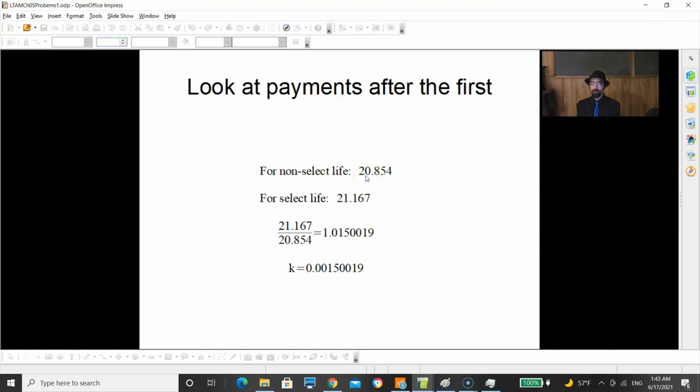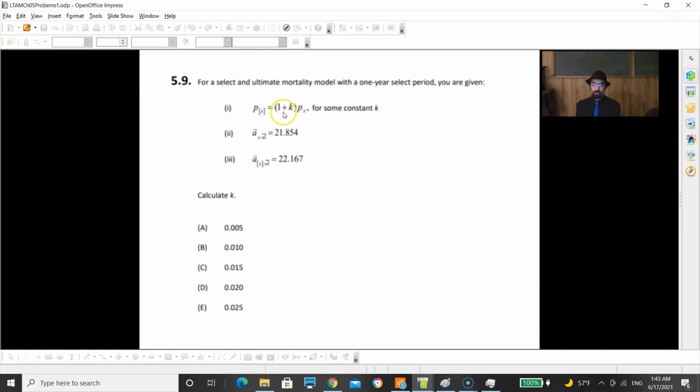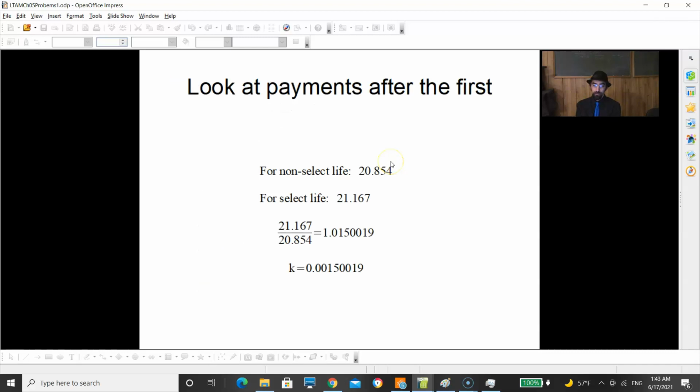So for non-select life, it's 20.854. For select life, it's 21.167. Now the ratio between these is going to be the ratio between survival probabilities. And since you're looking for the ratio, that ratio is going to be 1 plus k. You get that 1 plus k is 1.0150019.